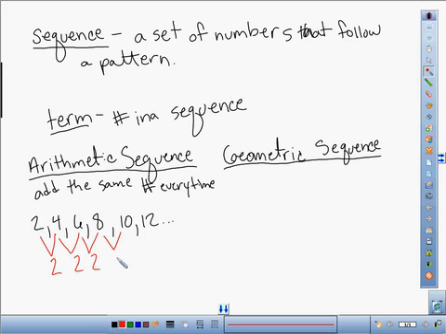We're adding 2 over and over and over again. And so that makes this an arithmetic sequence.